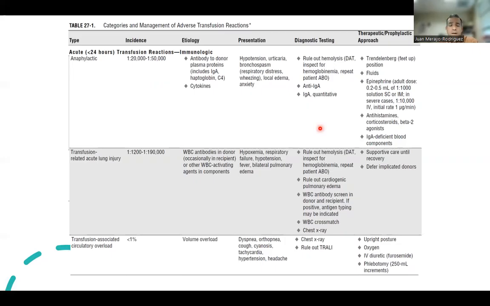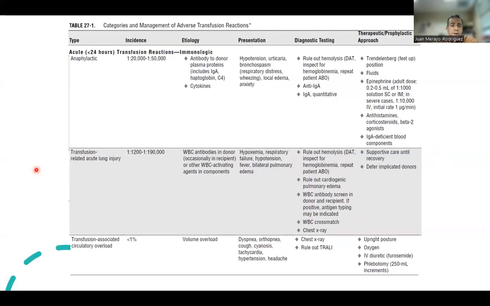Look for the antibodies against IgA, and also quantify IgA levels. For therapeutic procedures, we elevate the patient's legs in Trendelenburg position, give fluids, epinephrine, antihistamines, corticosteroids, and IgA-deficient blood components if the patient actually has anti-IgA antibodies may help.